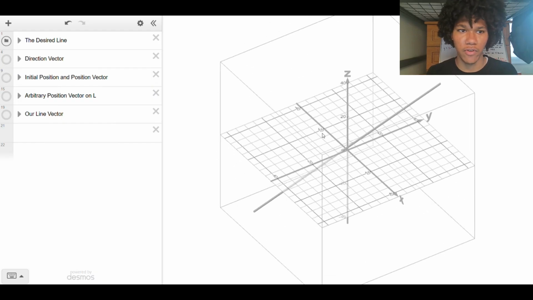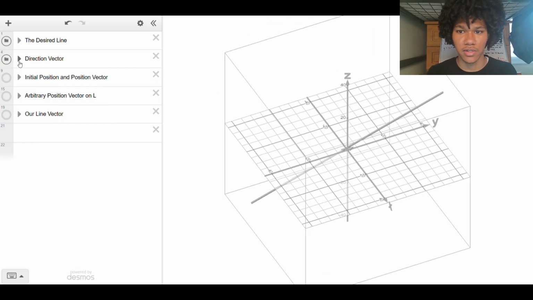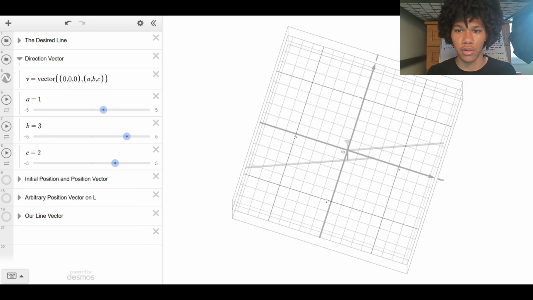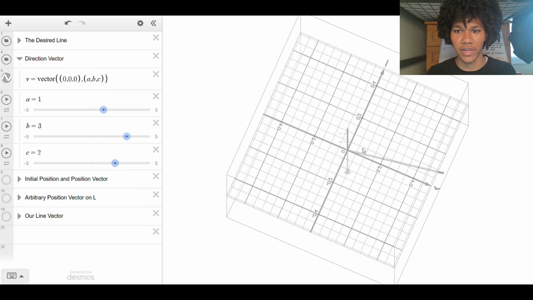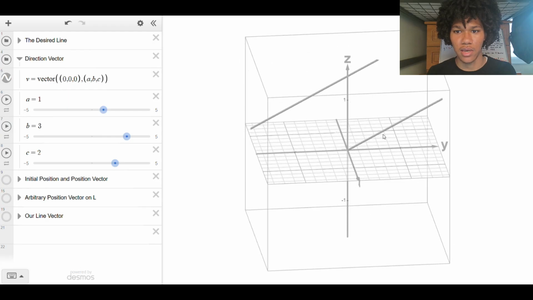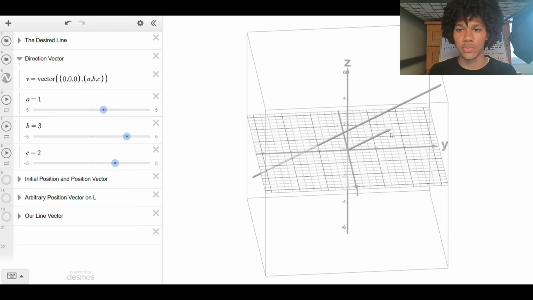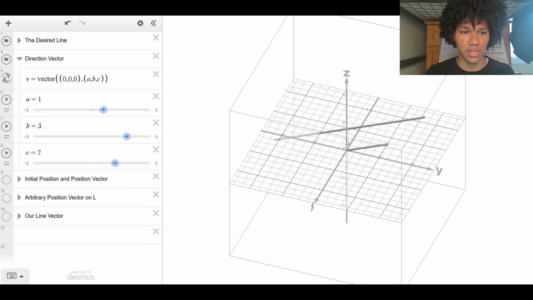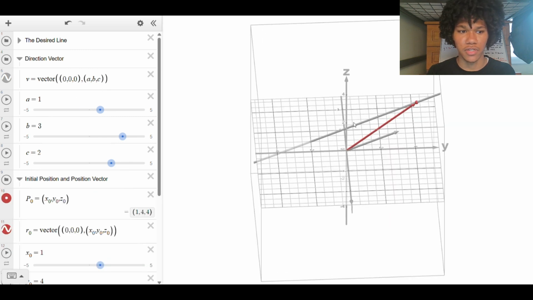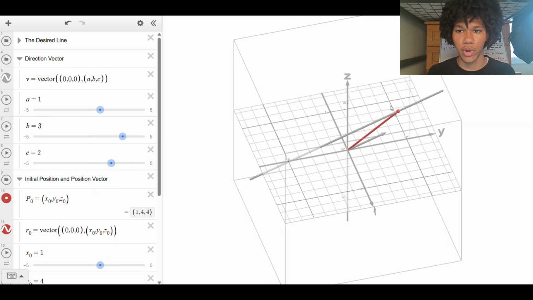So first we have our direction vector. Remember, this small gray vector is going to be parallel to our desired line. So we have a vector that has the same direction as our line. Next, we need our initial position. So I'm going to click this, and here we have our initial position vector r0 with the point at its tail.